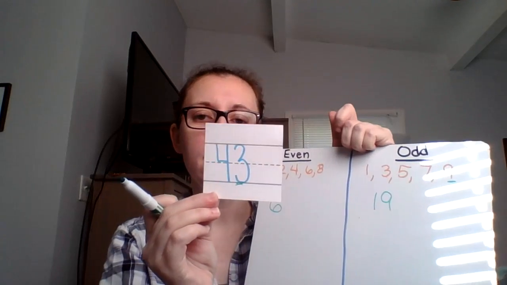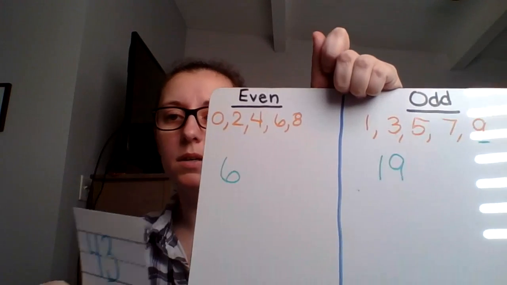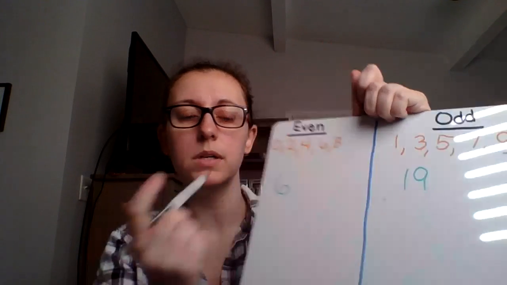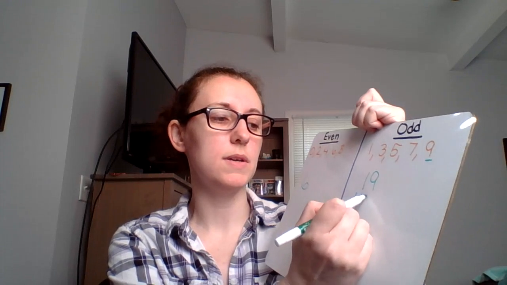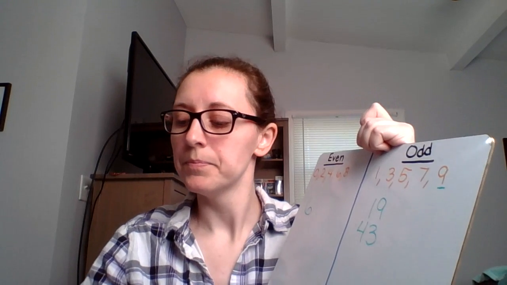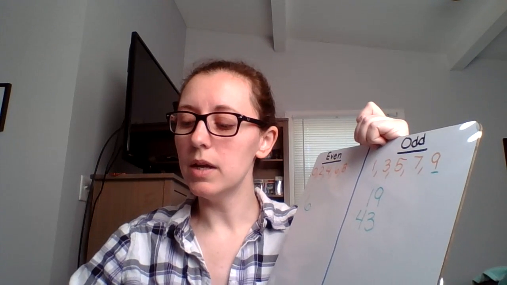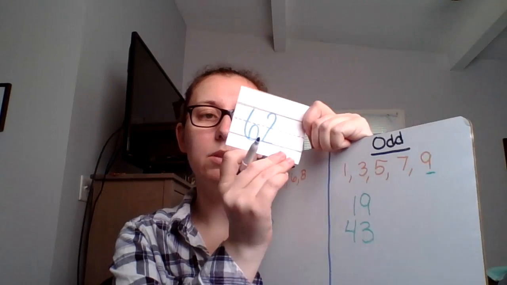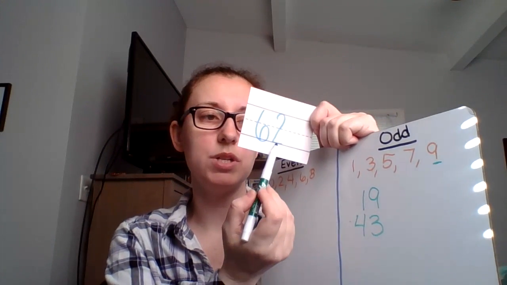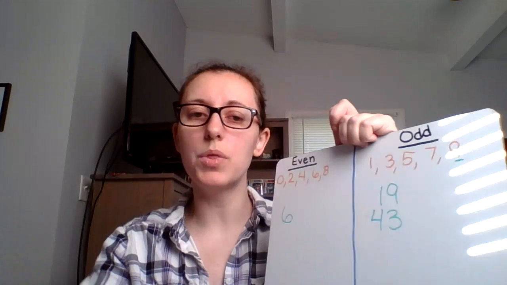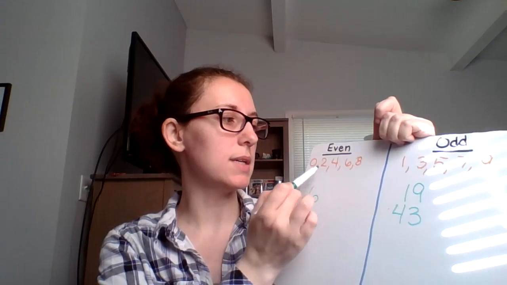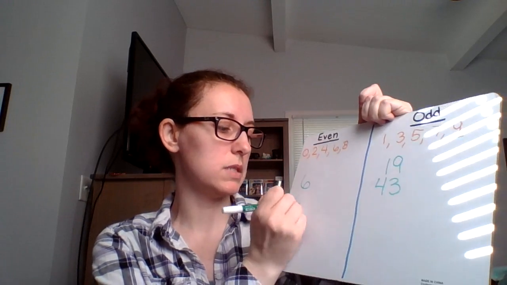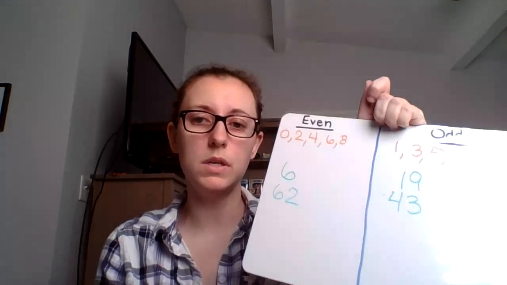And 3 is an odd number, so 43 is odd. Then we have 62. Again, looking at the ones column, which is the 2, and we know that a 2 is an even number, so 62 is even.